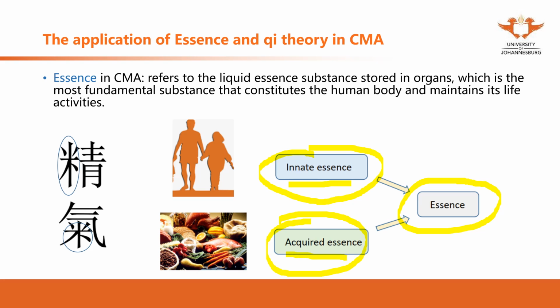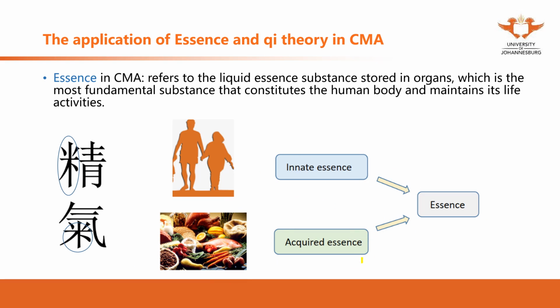You can tonify yourself from the acquired essence, from the food, because these two contribute to the essence, and they actually link together. In future, when we study, we will understand that the essences can transform into each other. They can benefit each other. That's how we treat diseases, from the food, from the medicine, from the acupuncture, from the acquired essence to tonify the body constitution.